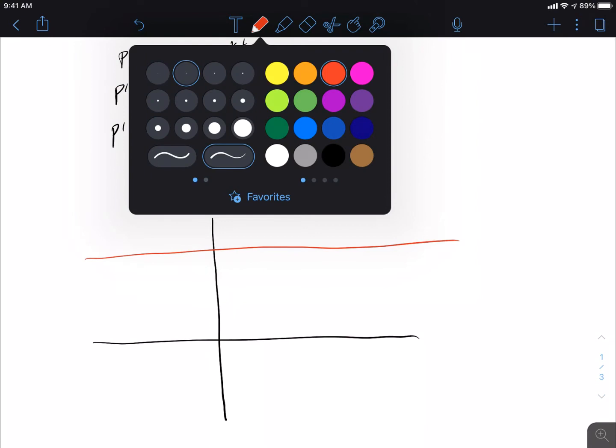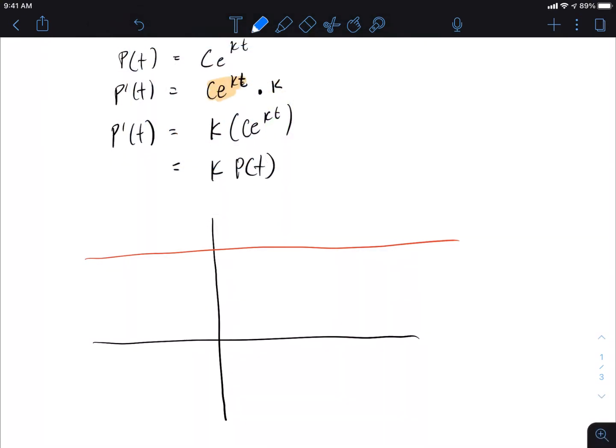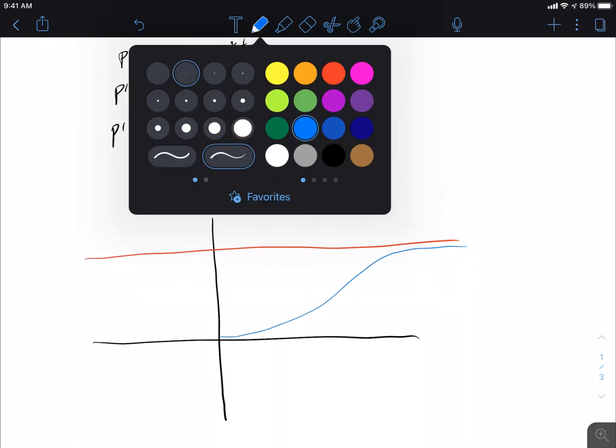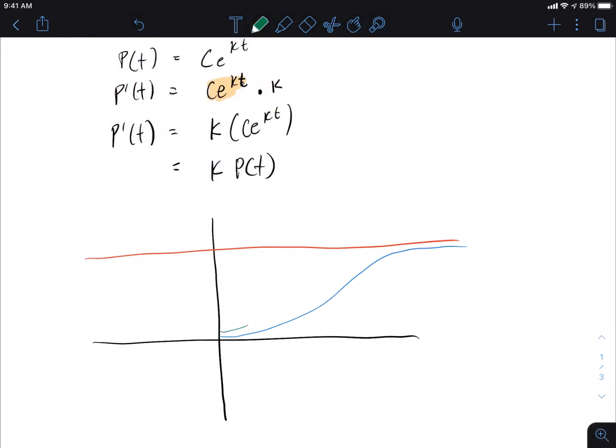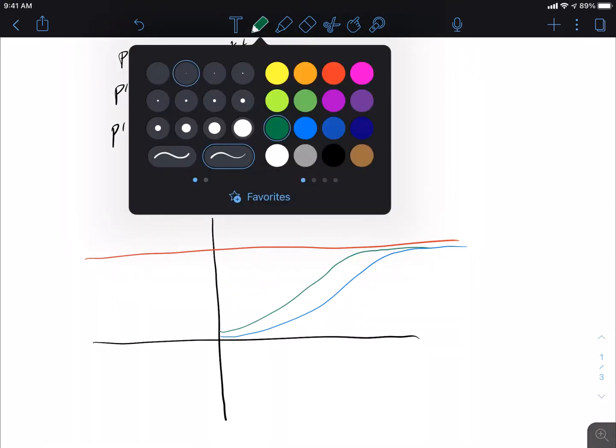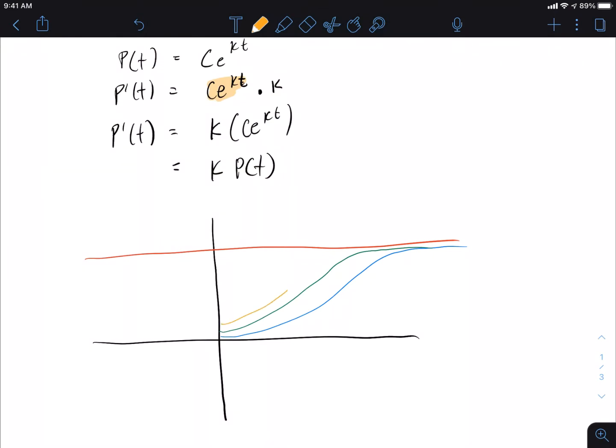Typically, I'll do this in different colors, the population will grow up to that line, and I'll use different colors to show you different starting points. But whenever it gets to this red line, it always flattens out, correct?